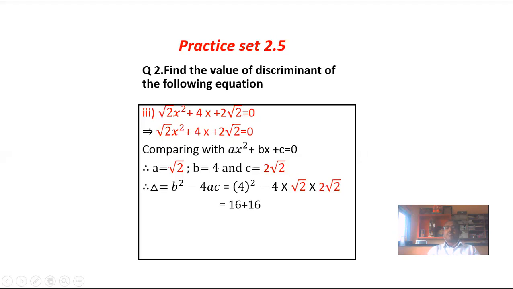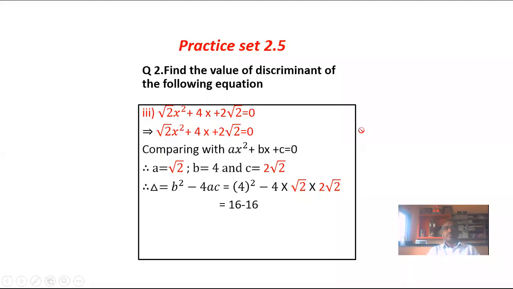Taking square root of 4 is 2. 4 into 2 multiplied by 2, 4 twos are 8, 8 twos are 16. Therefore, 4 square is 16 minus 16. 16 minus 16 is equal to 0.